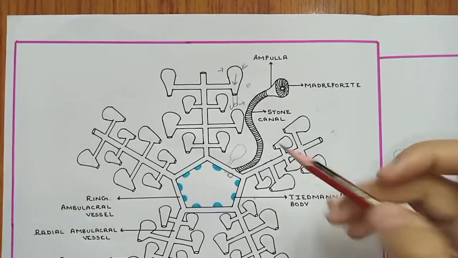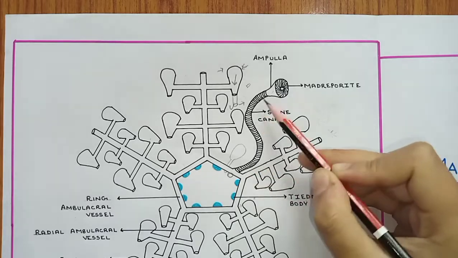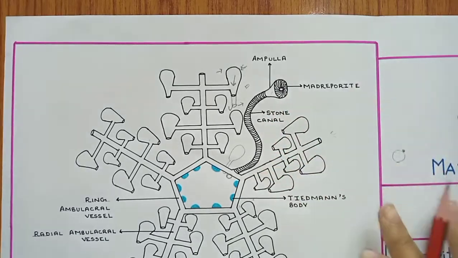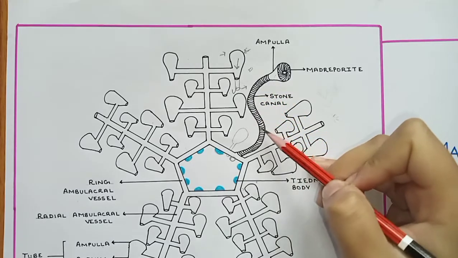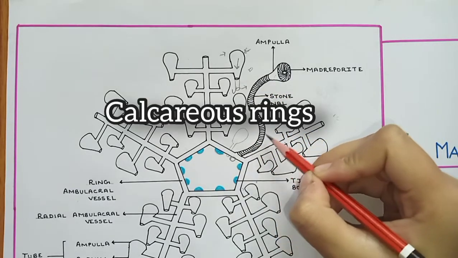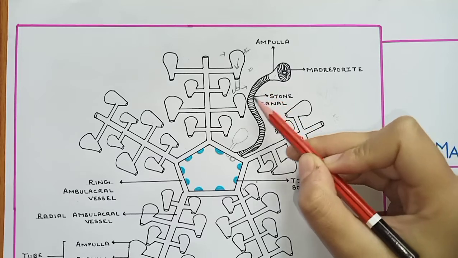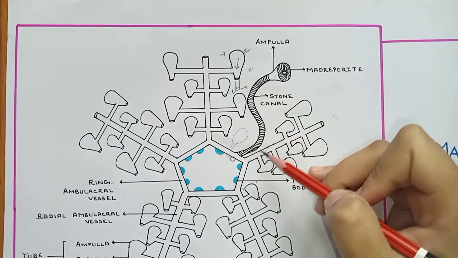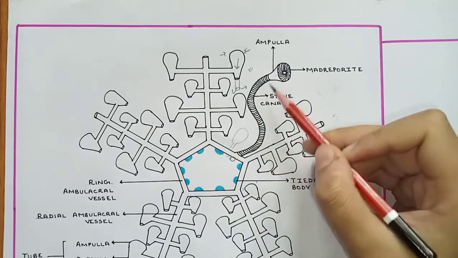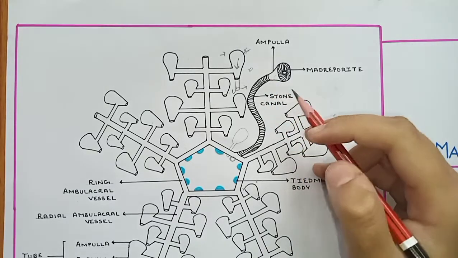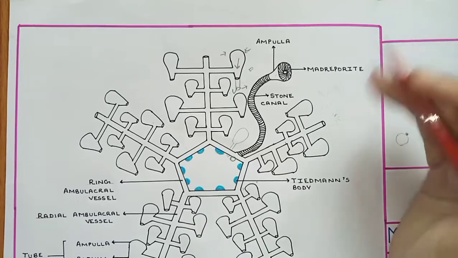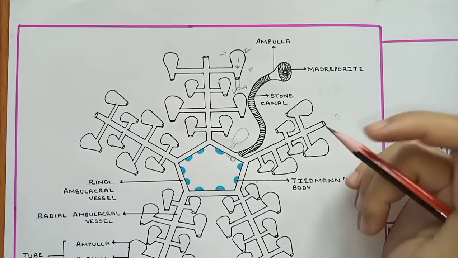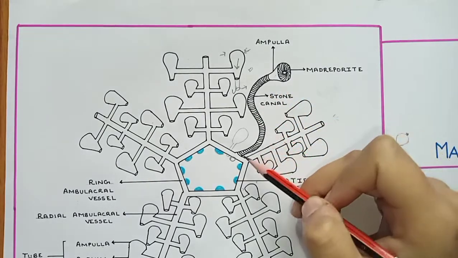Now if I talk about the stone canal, the wall of the stone canal, or this S-shaped tube, consists of many ring-like calcareous rings, which provide the stone canal the strength and rigidity.